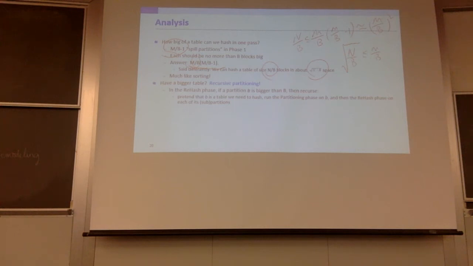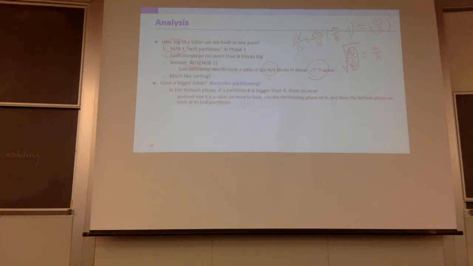So said in the reverse direction, if you have a file of N over B pages, the smallest memory you need for one pass hashing is basically the square root of N over B, right? Of course, in reality, things will not go very smoothly because some of the buckets could have more tuples than average, and some could have less, right?